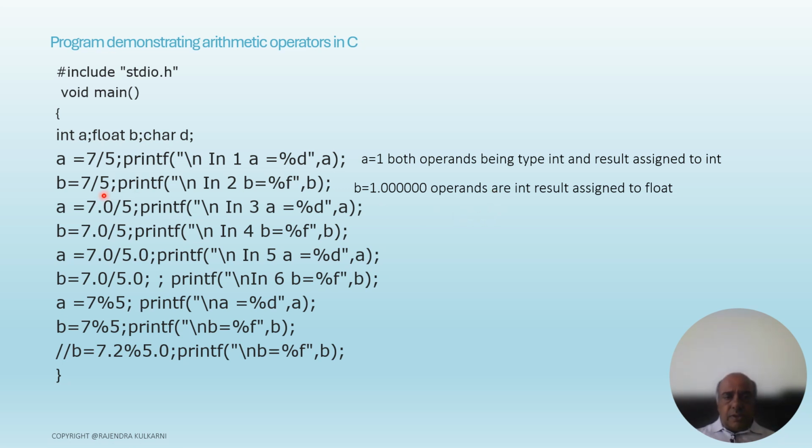Again 7 and 5 both are int constants. 7 divided by 5 will evaluate to 1, and the printf statement will give us b is equal to 1.000000.